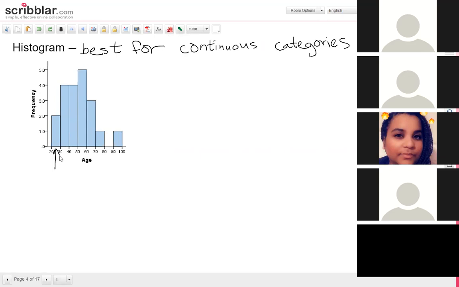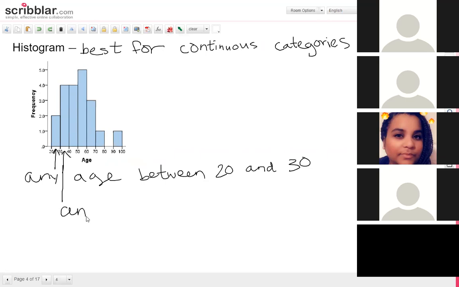This bar is representing any age between 20 and 30, and the next one 30 to 40. So they're categories that just keep going up. They're all connected, whereas our last one, when it was the movies, you couldn't connect romance to sci-fi to drama. They all just had their own category.